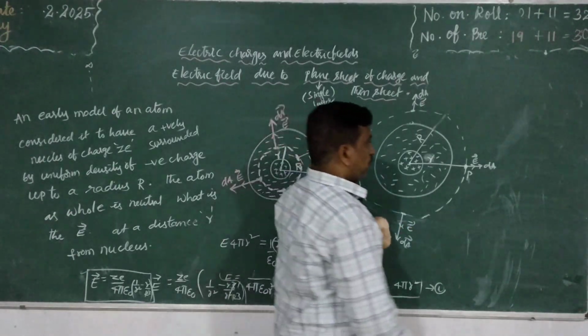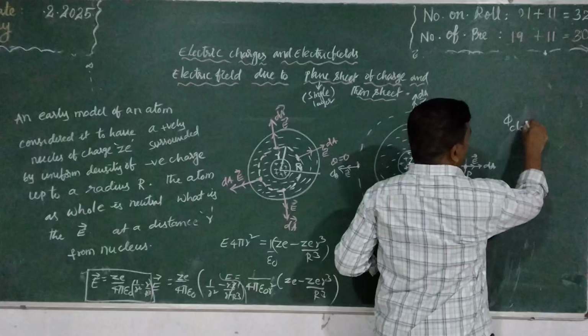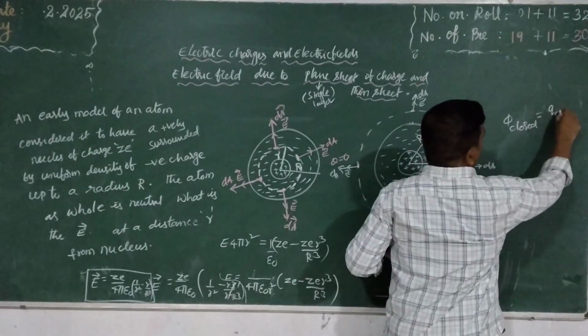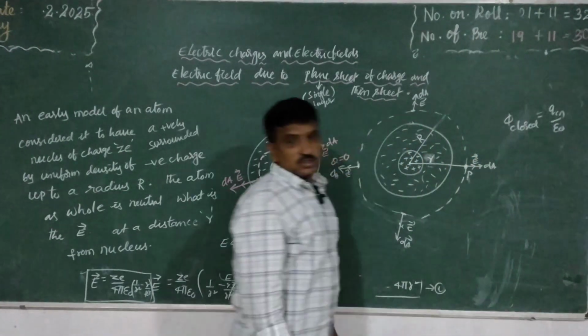Now phi closed equals q inside by epsilon naught. This is Gauss law.